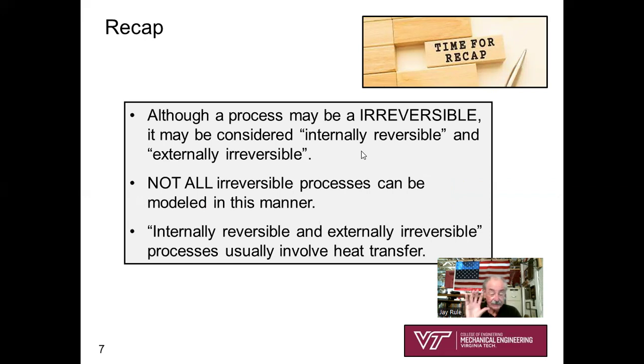So that was my screenshot of the ones where you can't pretend it's internally reversible, where there's friction, where there's unrestrained expansion. Last bullet, I think I made my point. Internally reversible and externally irreversible processes usually involve heat transfer.